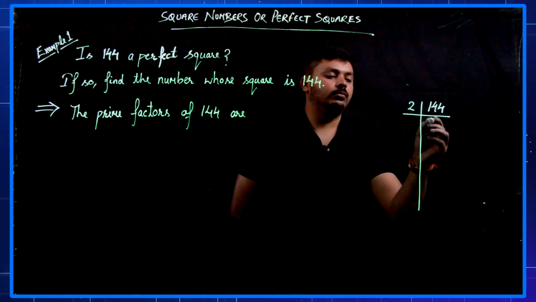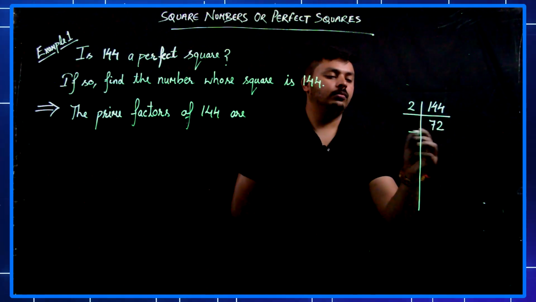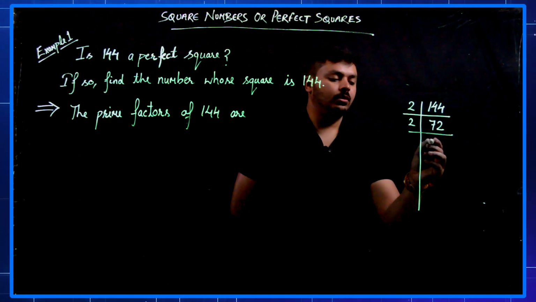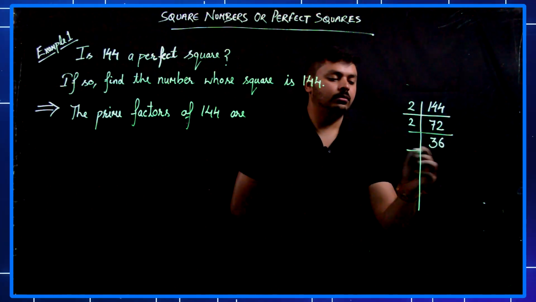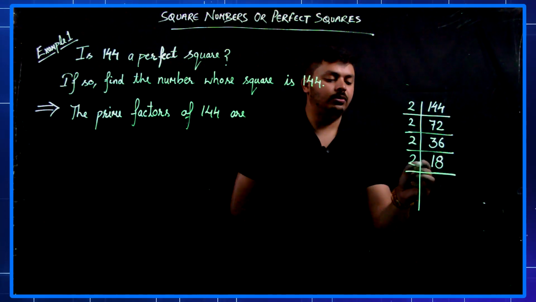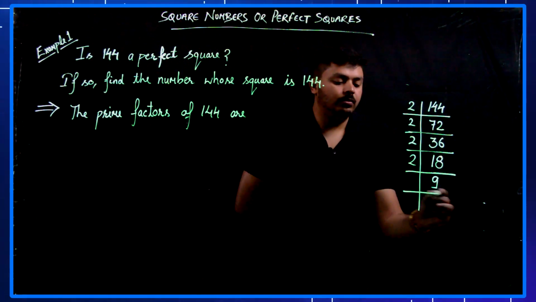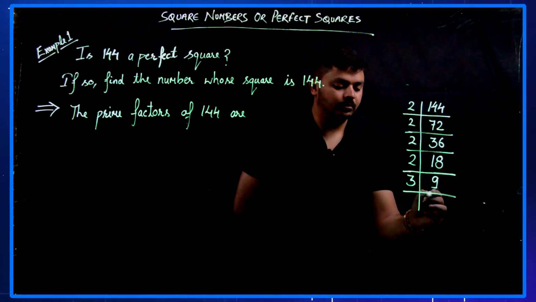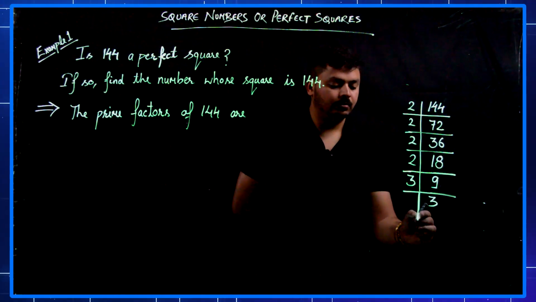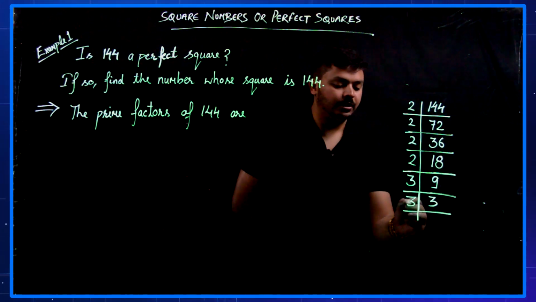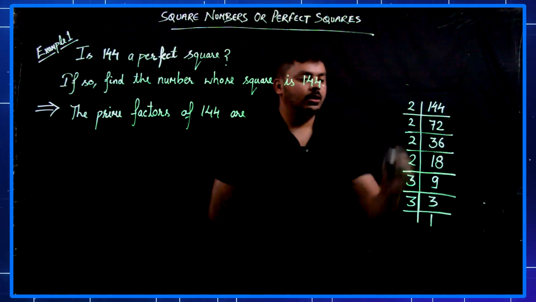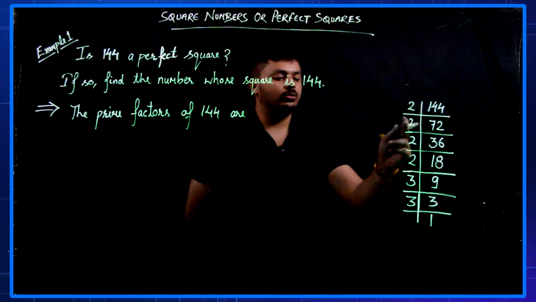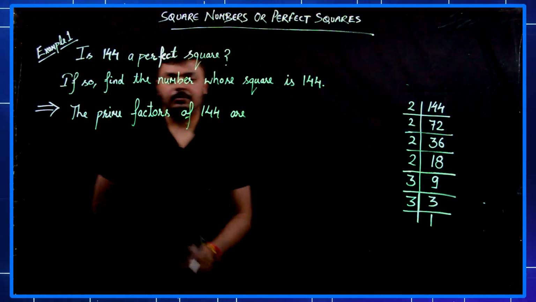Dividing by 2, we get 72, again divide by 2, we get 36, again by 2 we get 18. Now when 18 is divided by 2 we get 9. Now it is not divisible by 2, so we divide by 3, 3 3s are 9, and at last again 3 1s are 3. So these are our factors 2, 2, 2, 2, 3, 3.